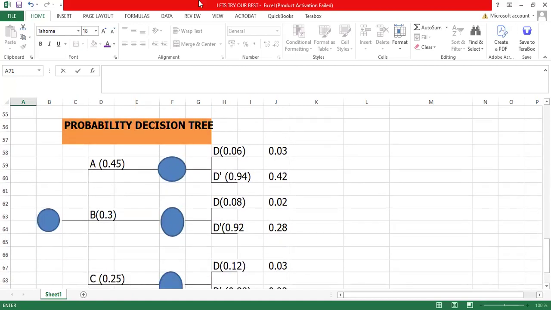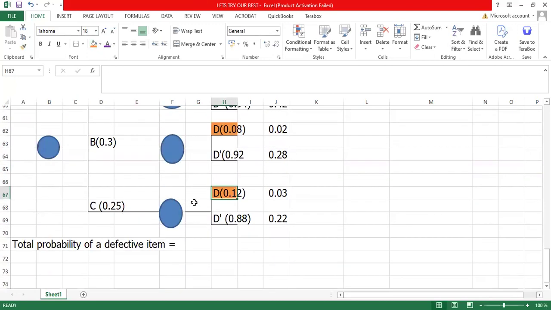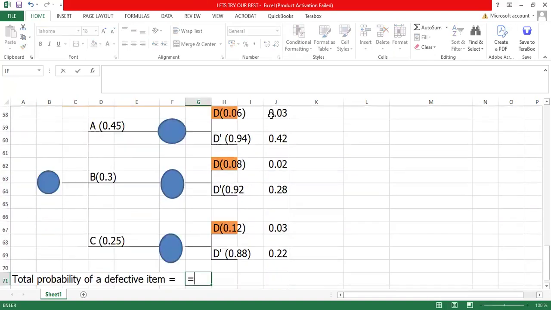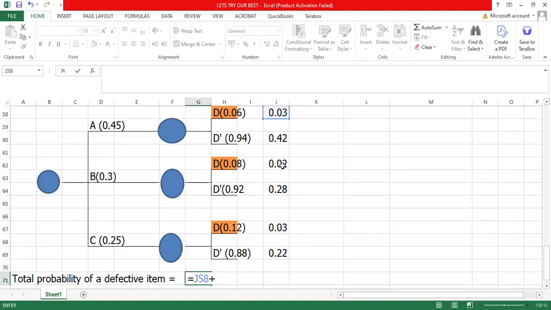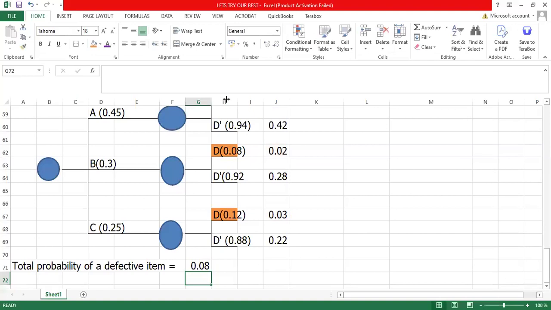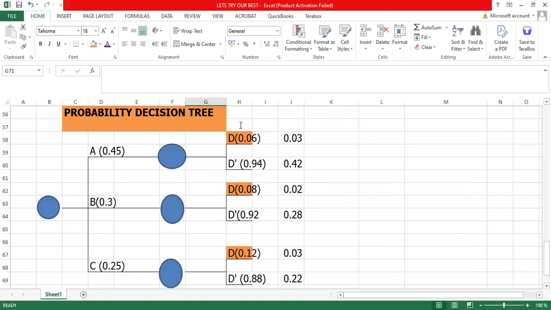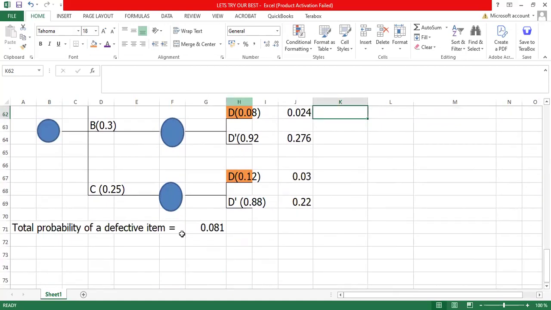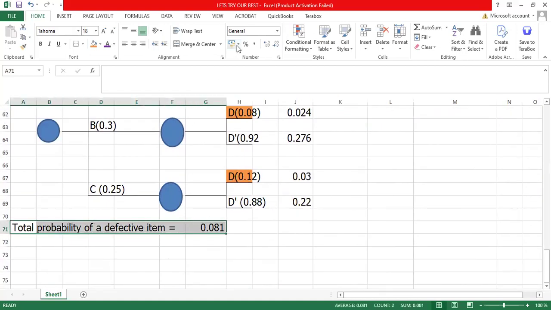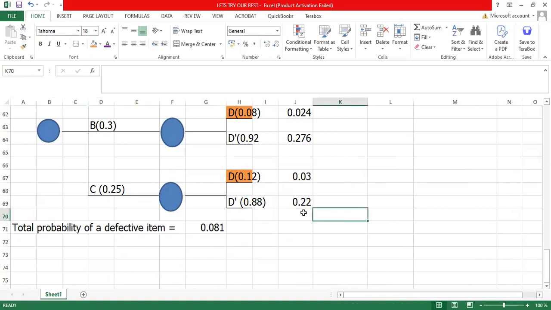This is where you have defective. Here you have defective. So if you add the outcome, this plus this plus this, to 3 decimal points, I believe you get that. And I believe that's what we had, okay? Is it, colleagues?